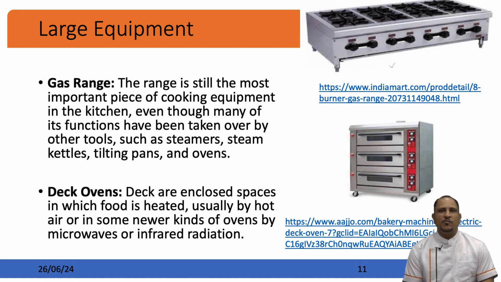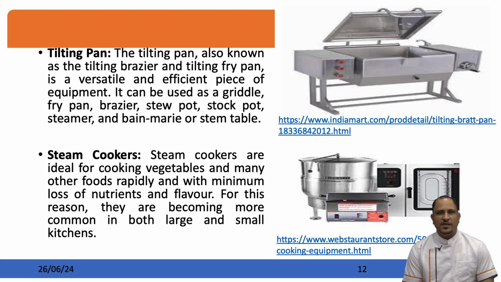These equipment are like gas ranges, deck ovens, tilting pans, or commercial steamers. These come under the large equipment. Further, you will see refrigerators, double door, four door, or even walk-in refrigerators. These come under the large equipment of the kitchen.